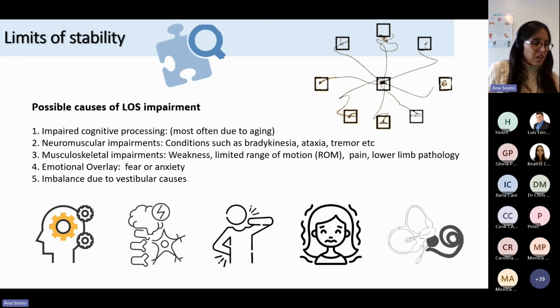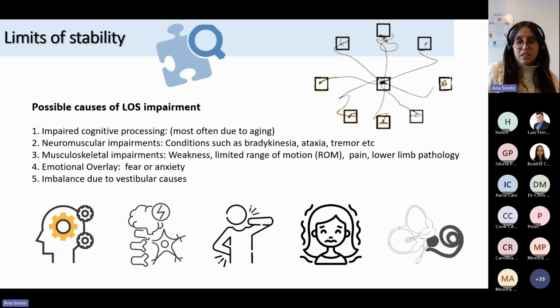So, of course, neurological impairments, changes in muscle tone, muscle control, movement velocity, things that are very frequent in a lot of diseases, such as Parkinson's disease, will decrease the limits of stability.